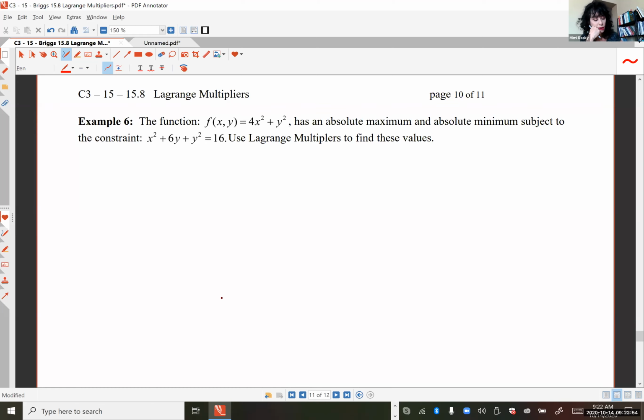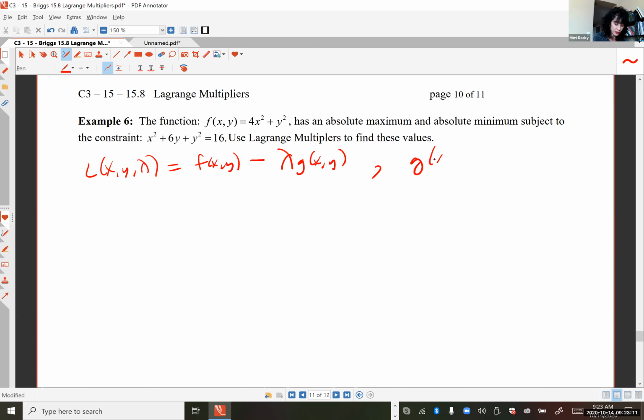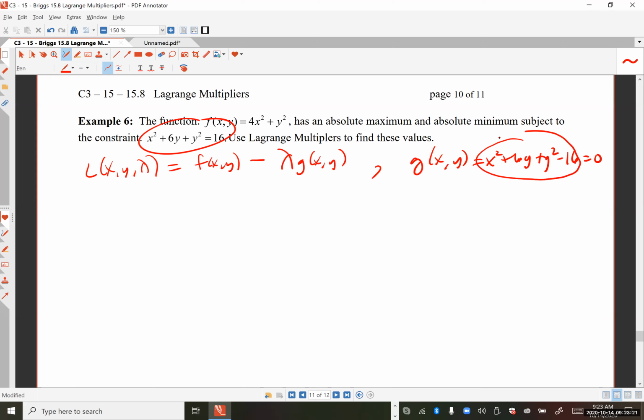It's tricky. Okay. So first up, if I form my Lagrangian, in this case it's of x, y, lambda, there's no z's here. So I'm going to take my f(x,y) minus lambda times g(x,y), where g(x,y), if I rewrite this where everything is on one side and 0 on the other, because that's how you want to get it, is essentially your g(x,y).